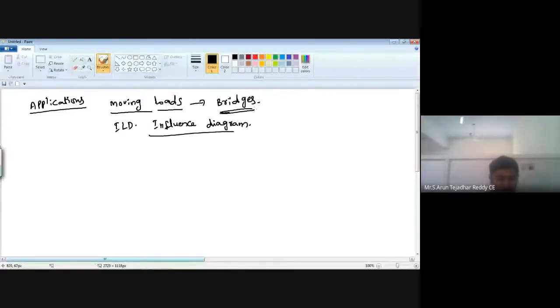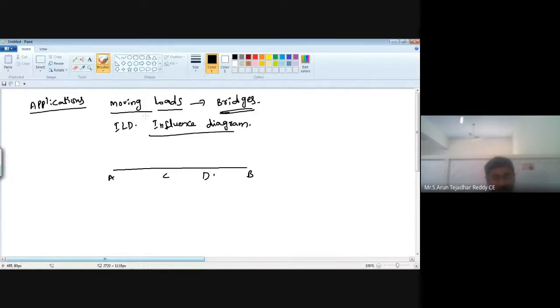Before that, consider a structure, maybe A, B, C, D. In that structure, first of all, we don't know how much load is acting here. In moving loads, we don't know how much load is acting. So what can we do here?